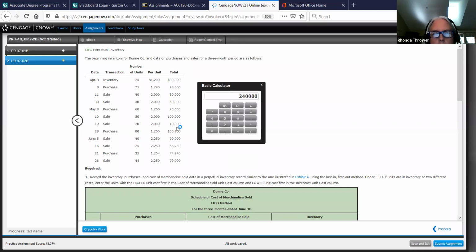Then we're going to add to it our May 19th sale, which was for 40,000. Then we're going to add to it our sale on June the 5th, which was 90,000.